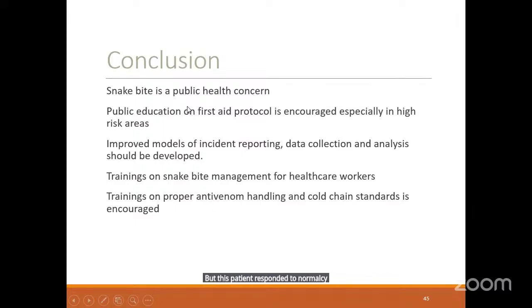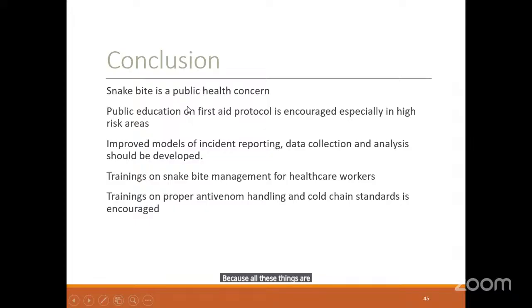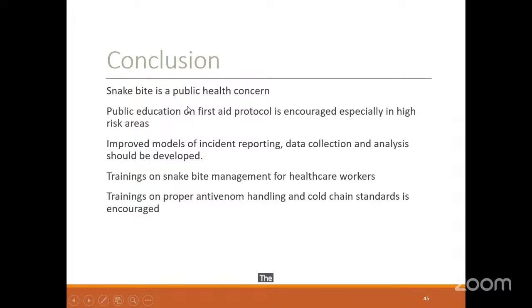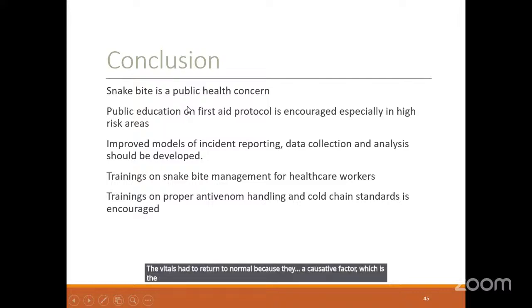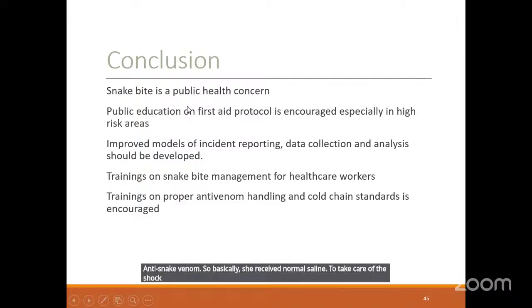And remember, she received the anti-snake venom, because all these things are signs of systemic envenomation. So once the anti-snake venom kicked in, the vitals returned to normal, because the causative factor, the hemotoxic venom, had been neutralized by the anti-snake venom. So basically, she received normal saline to take care of the shock immediately, and it worked.